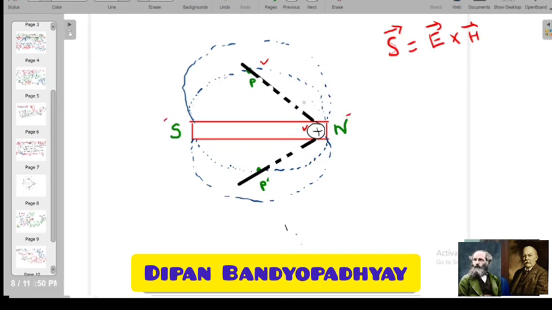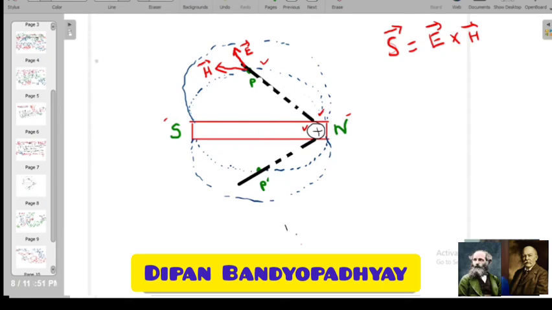So basically the charge is on the north pole, and at the point P, this is the direction for H, and this will be the direction for E. That means the E should be along the line joining the charge and the point. If I draw a line, the electric field should be along that line only. So this is the direction of E, and H is tangential to these lines of force.